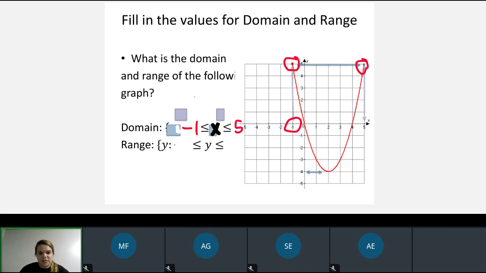Good, good, exactly. So the lowest value is -4. Good job, guys. The highest value is 5. Excellent.